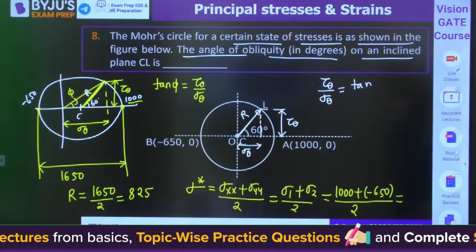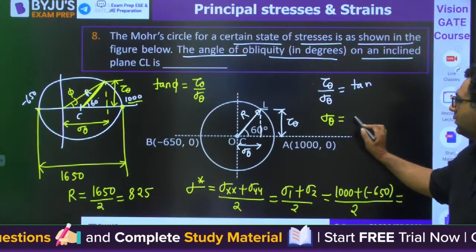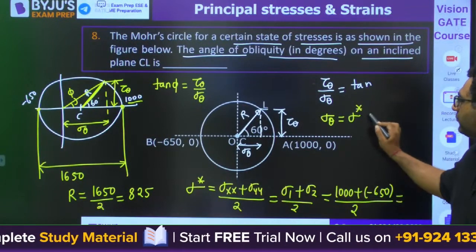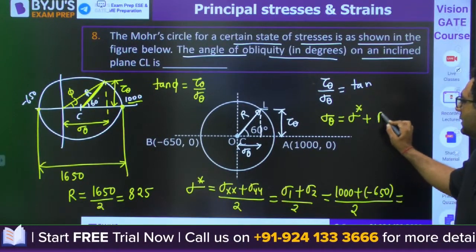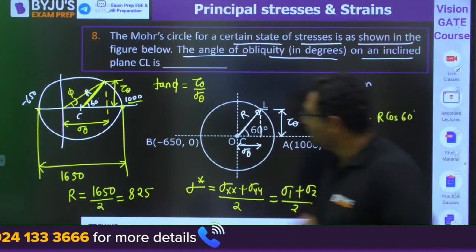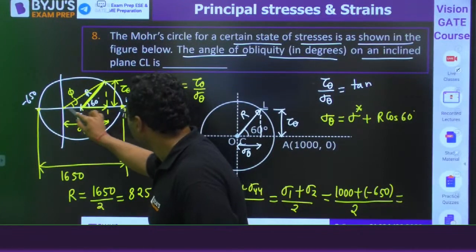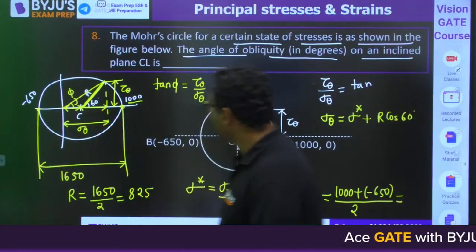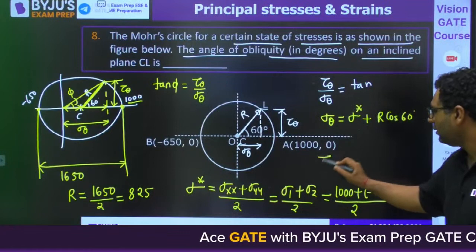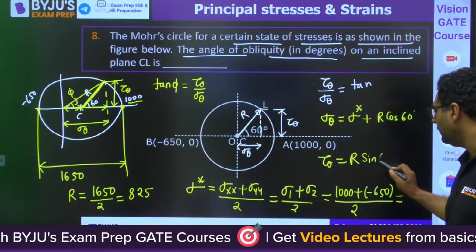Once you have sigma star, then sigma theta is sigma star plus r cos 60 degree. Because this is the radius, r cos 60 degree. When you add this, you will get sigma theta. And tau theta is r sin 60 degree.